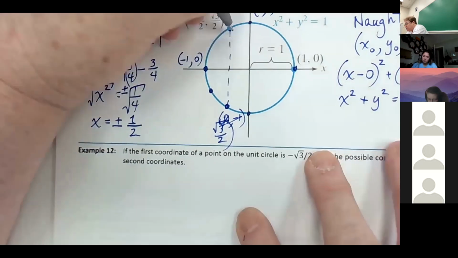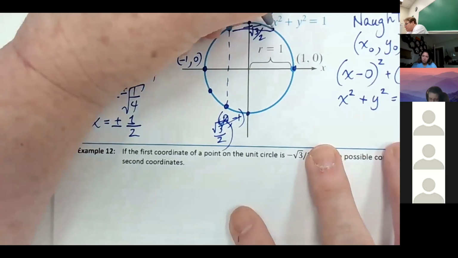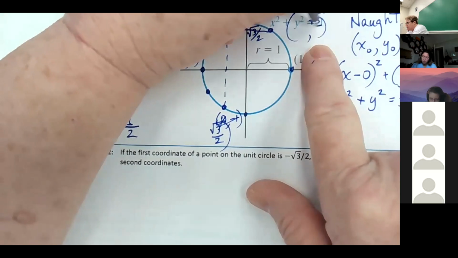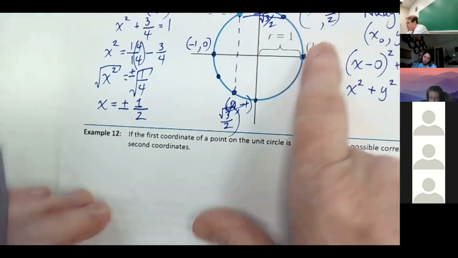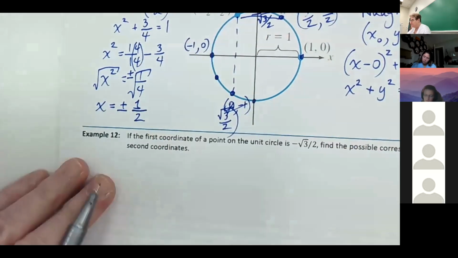Oh, I'm going the wrong way. This is square root of 3 over 2. And here we go. So this is the other point with the second coordinate, positive square root of 3 over 2. The possible first coordinates are positive 1/2 and negative 1/2.